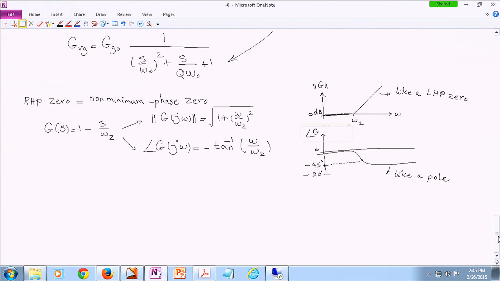All right. If you want to have a physical understanding about what a right half plane zero is, let's make a simple system like this.